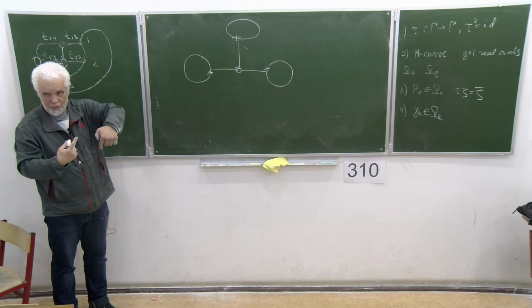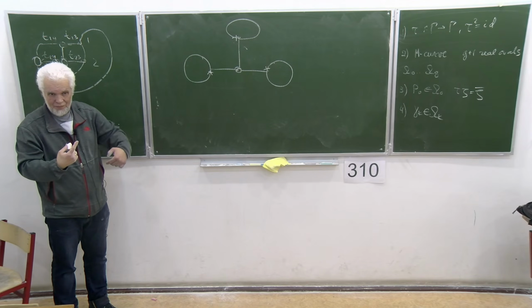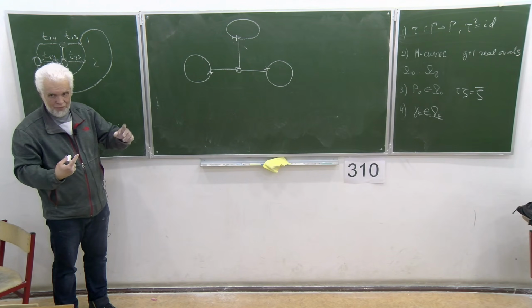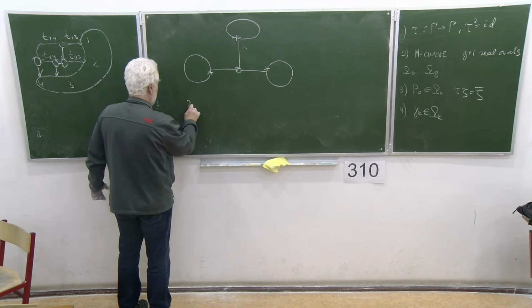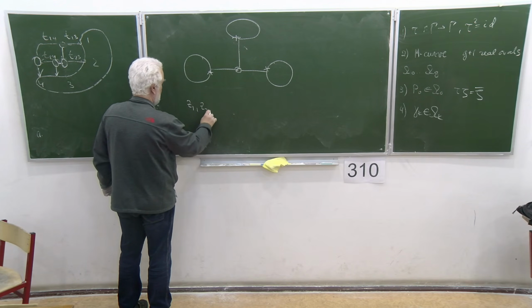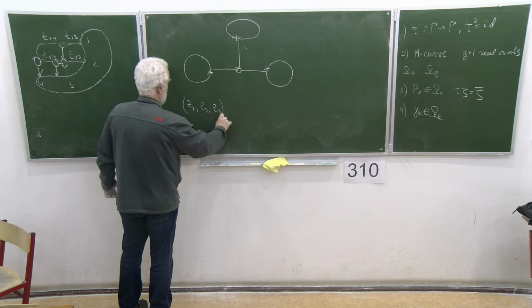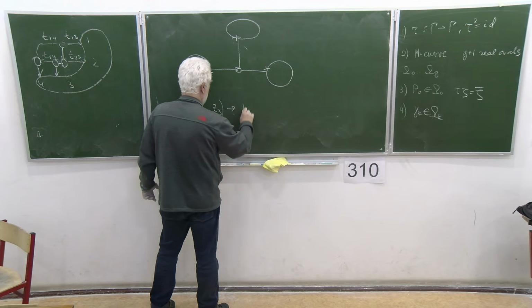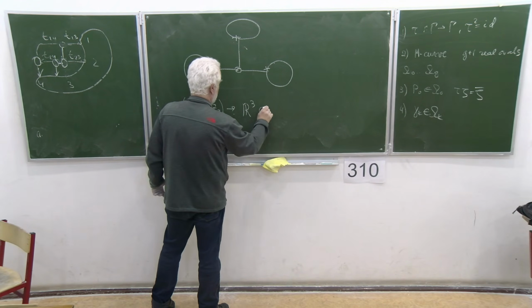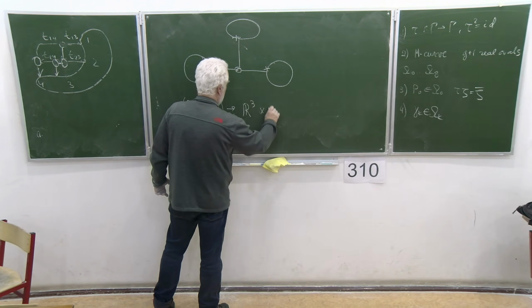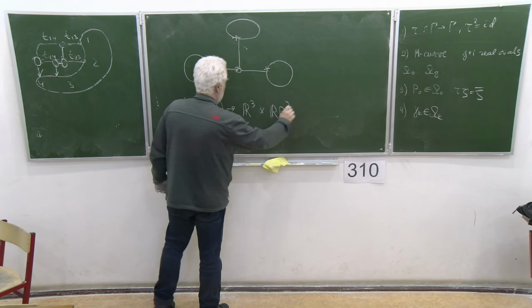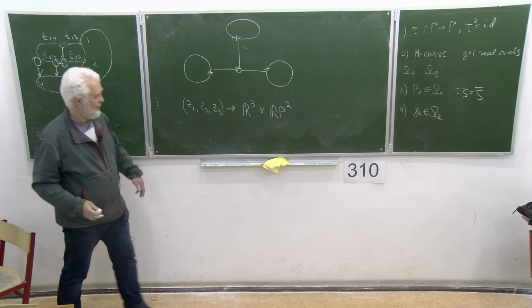Three cross simultaneously. It's also possible. So we have Z2, Z3 goes to R3 times R2. Okay.